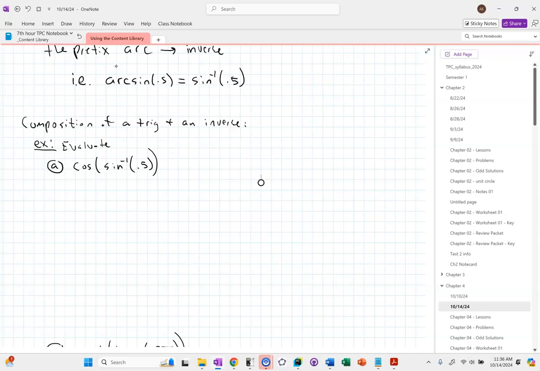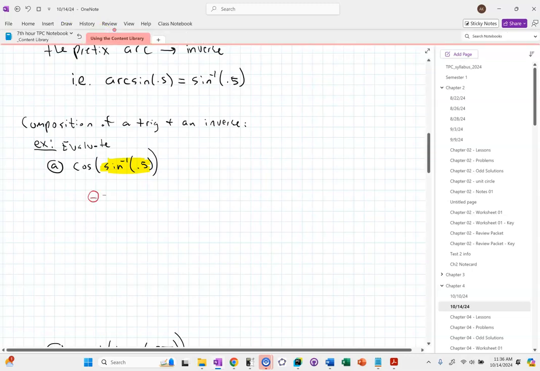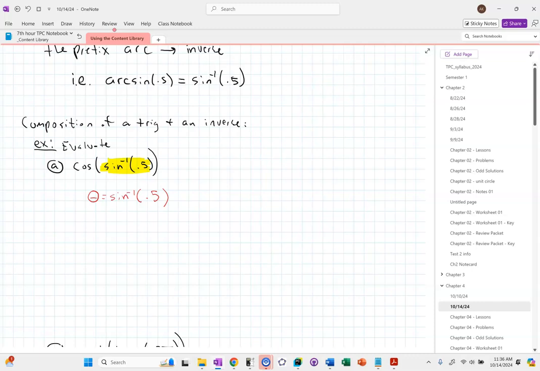When I see one function tucked inside of another function like this, I'm going to be working from the inside out. So I'm going to take the innermost function, and I know that sine inverse is giving me an angle theta. Now, unlike your homeworks on worksheets 1 and 2, I'm not given a range over which to solve for that angle theta. You guys notice that?